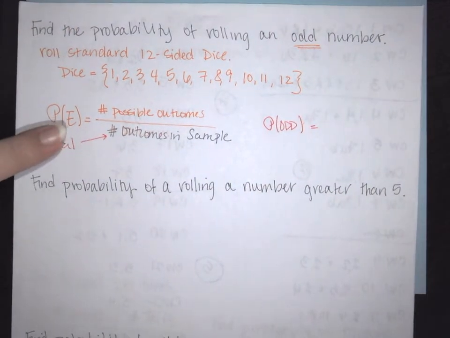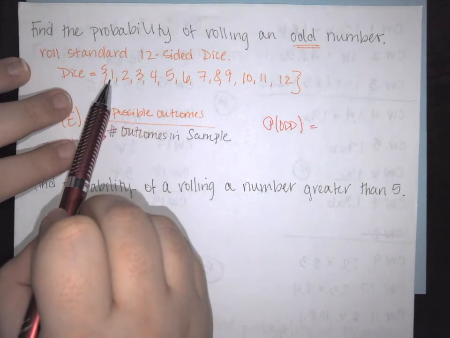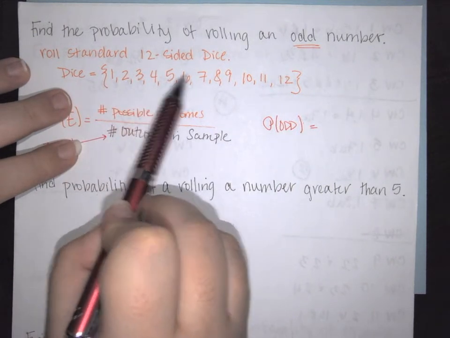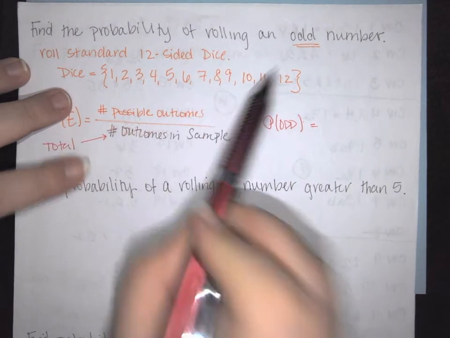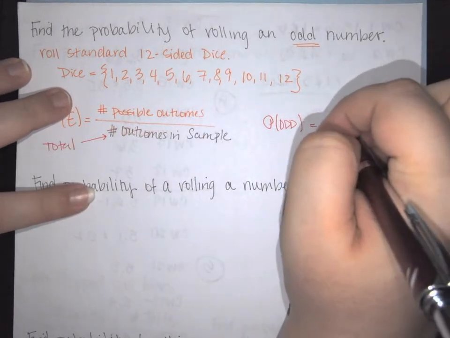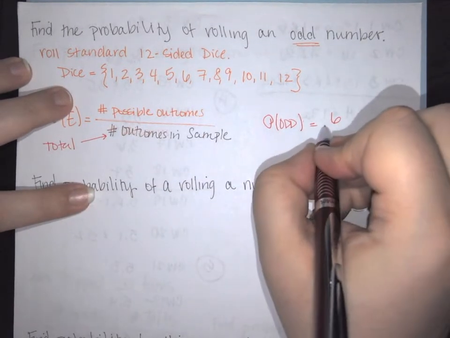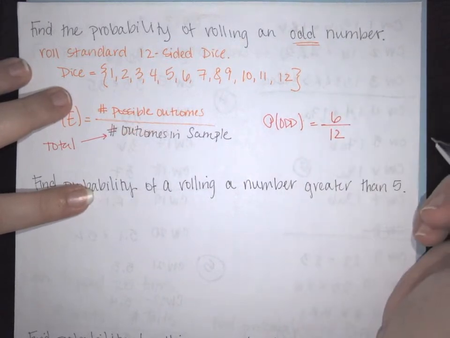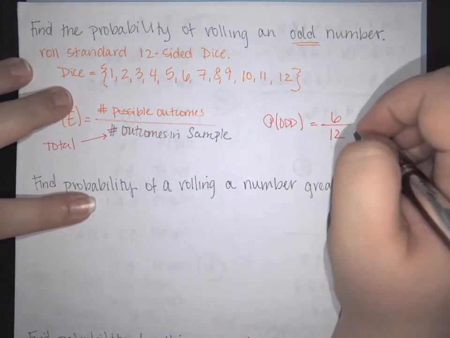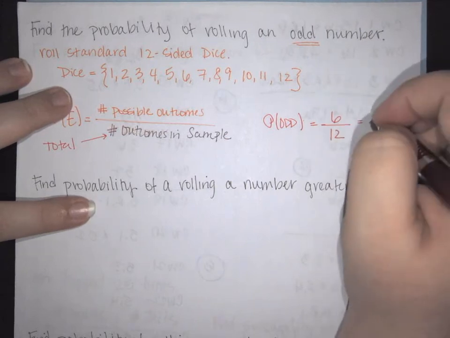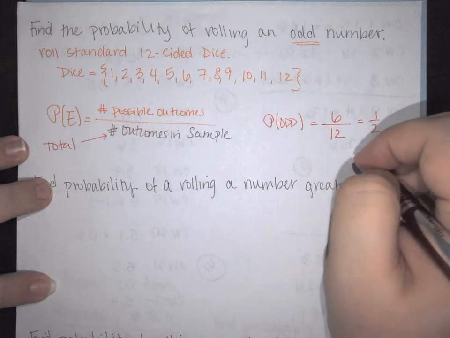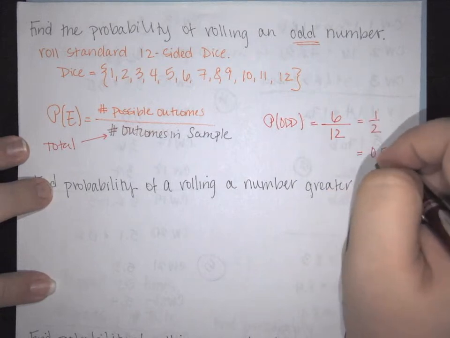So in looking at our sample, we would count up the number of odd numbers we have: 1, 2, 3, 4, 5, 6. So we would put the 6 on top, and then we have our total, which is 12 on my dice, so that's 6 over 12. In this case, you would reduce your fraction, which gives you 1/2, but you also want to give the decimal. So this is going to be 0.5.